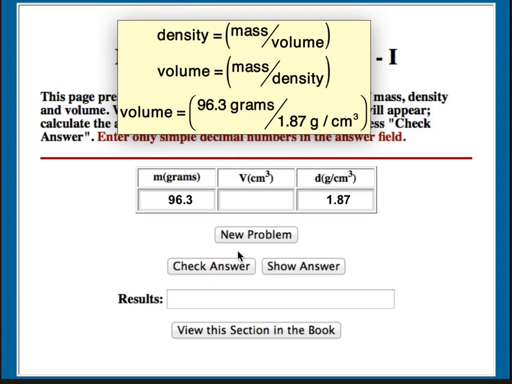Volume is going to be our mass divided by density. Our mass is 93, our density is 1.87. Divide them together, we get 51.5. Once again, do not enter units.